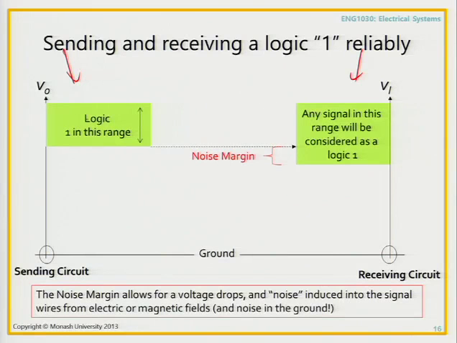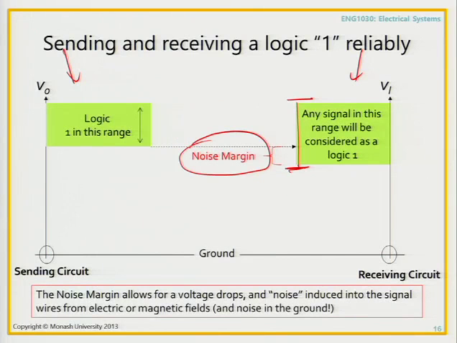Even when the sending device wants to send a high signal at, say, this voltage, when it sends a signal at this voltage, you've got noise, and noise can be quite big. Okay? So at the receiving end, we have to have a range of values which is considered to be a logic 1 in this case. And the difference between the range at which a logic 1 is transmitted and the range at which a logic 1 is received is called the noise margin.